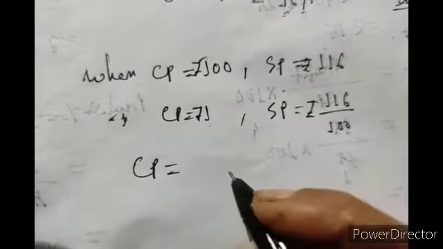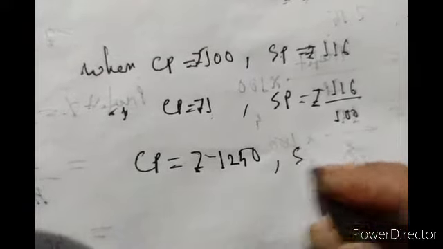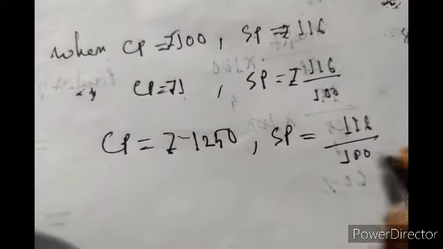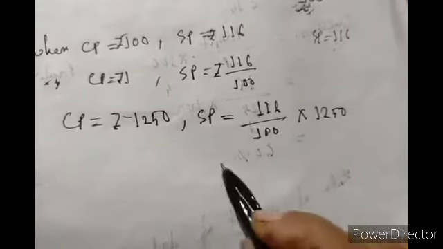Rupees 1. Okay. Now when cost price is rupees 1250, then selling price will be 116 by 100 into 1250. Now see, this is clear or not? Same we solved in the unitary method also, in exercise 9C also. So when you simplify this, 25 4s are 100, 25 5s are 125 and 0.